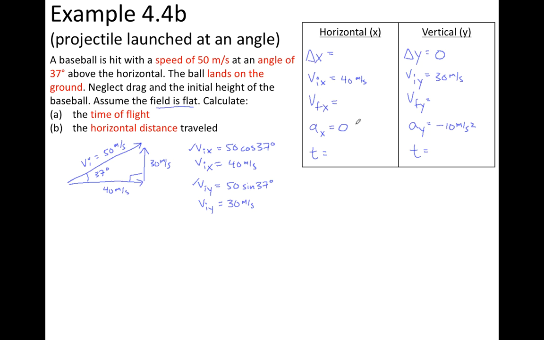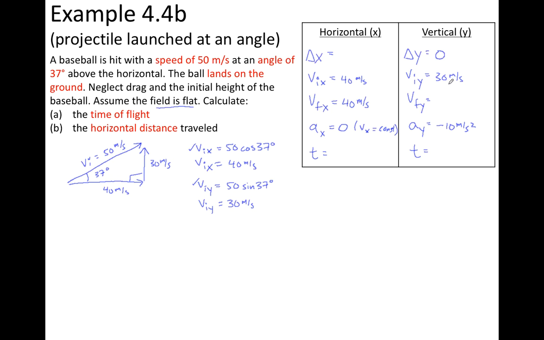Because there's no acceleration in the x, we know velocity in the x is a constant value. And so the final x velocity is the same as the initial x velocity. For the y velocity, this is a special step that we can make because we know that the y position doesn't change overall.